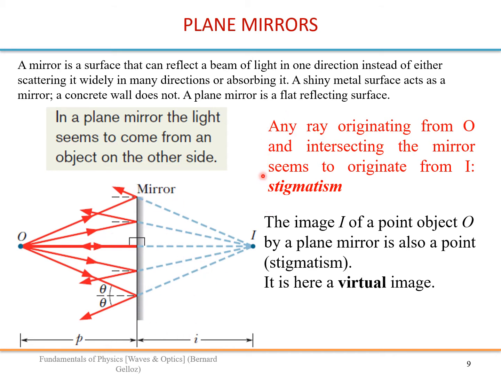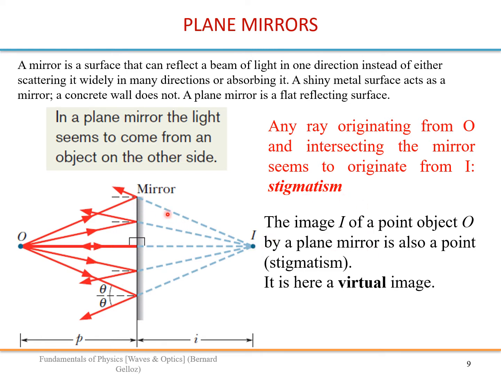So this particular fact, that any ray originating from O, from the object, and intersecting the mirror, seems to originate from I, is called stigmatism. This is common to all optical devices, not only the mirror. It's a particular class of optical components.